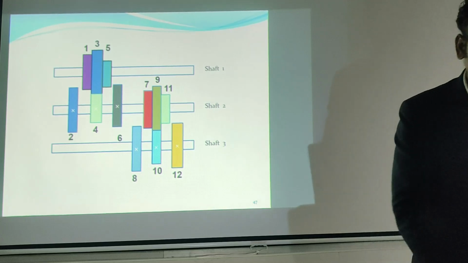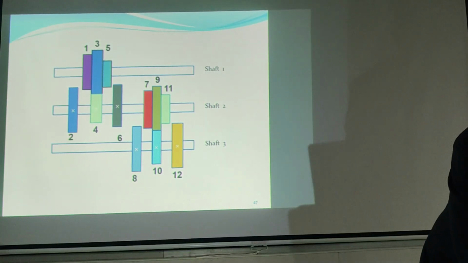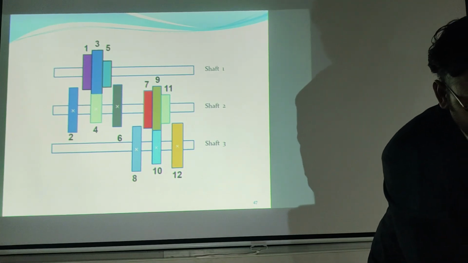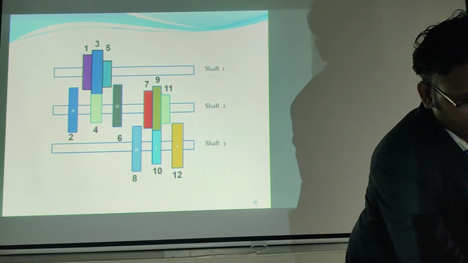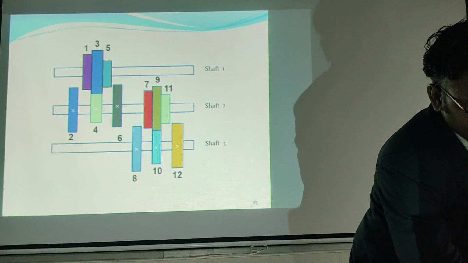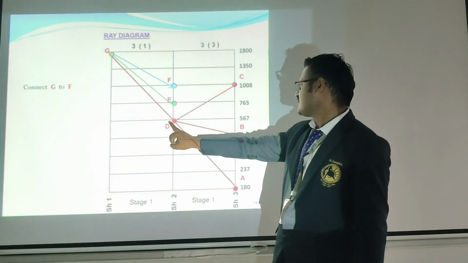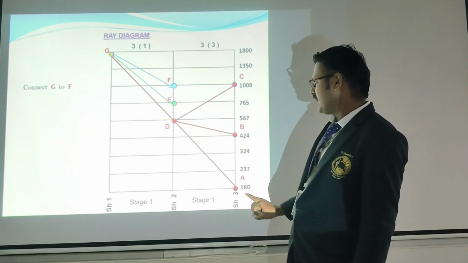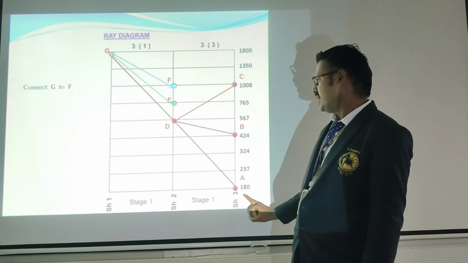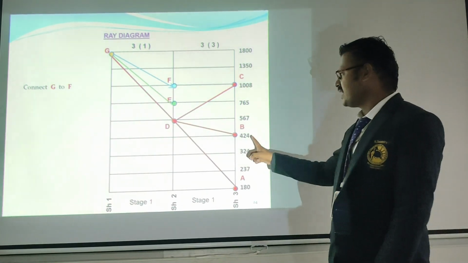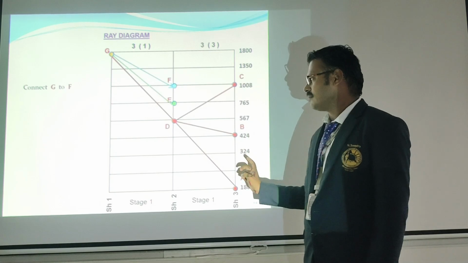The speed will be 567 to 424. Previously we did 567 to 180. Now we need to move to 567 to 424. The gear is 7, 8.